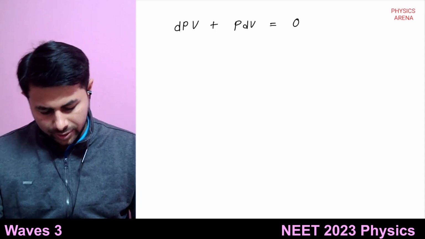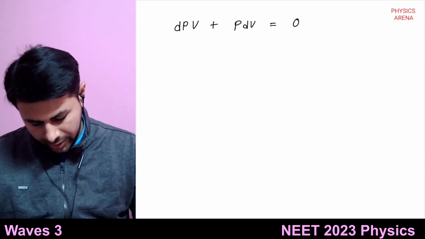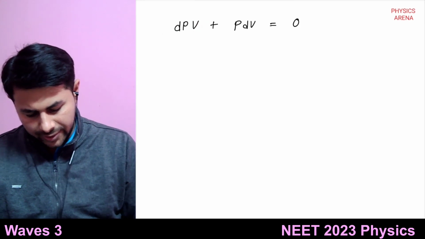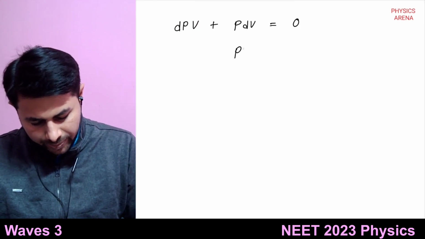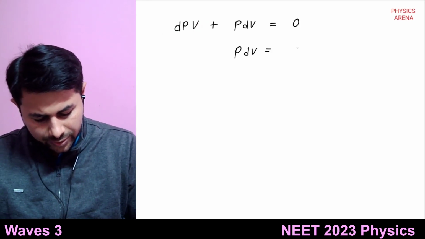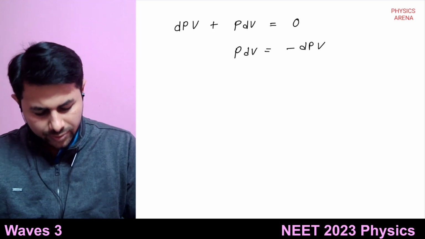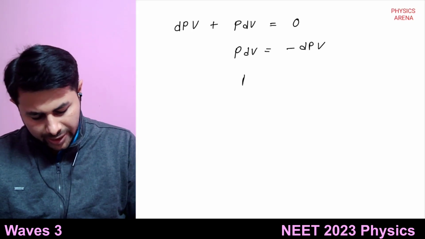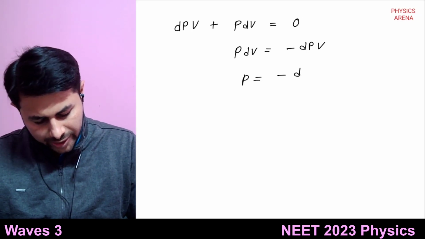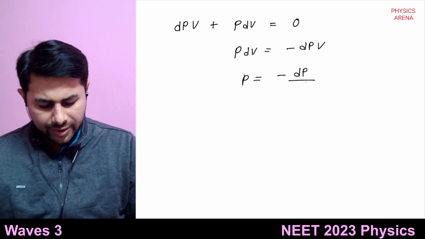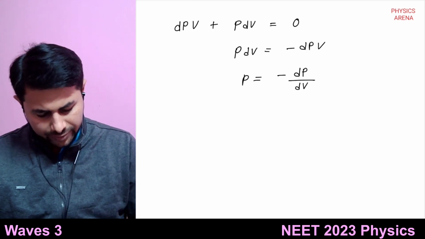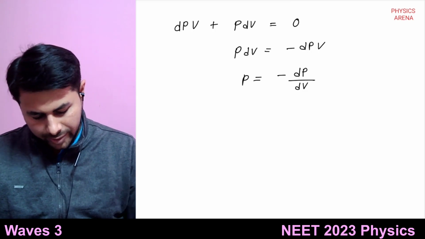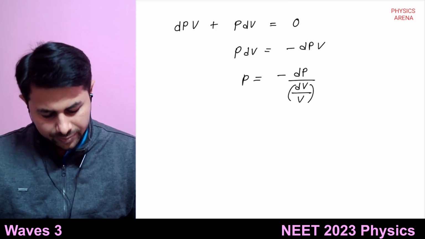Now if you take this V dP on the other side, you get PdV is equal to minus of V dP. Now move dV on the other side, so you get P equals minus dP. The dV will come in denominator, and this V, I can take into the denominator of the denominator, because it's in numerator.